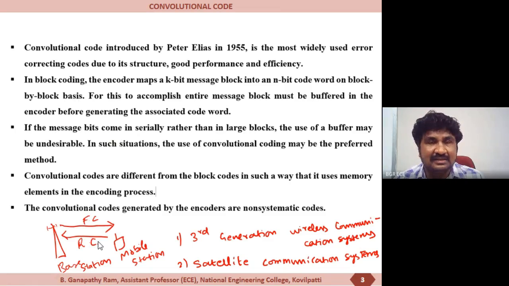But still in the reverse channel, in some technologies, the convolutional code is being used. And in satellite communication, even now, the convolutional codes are playing a vital role in detecting and correcting errors.